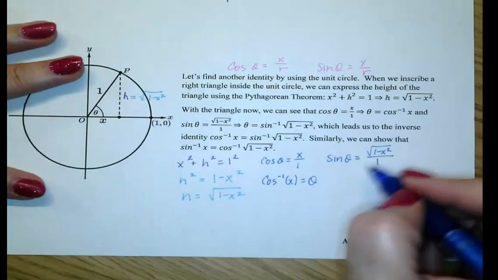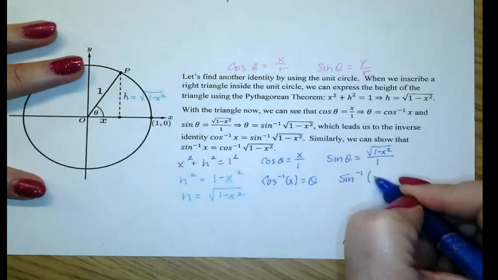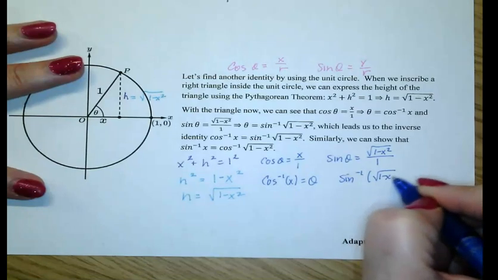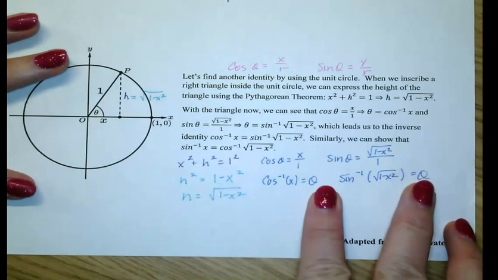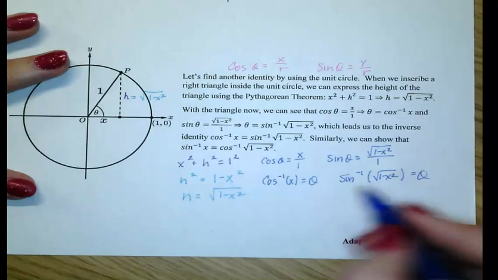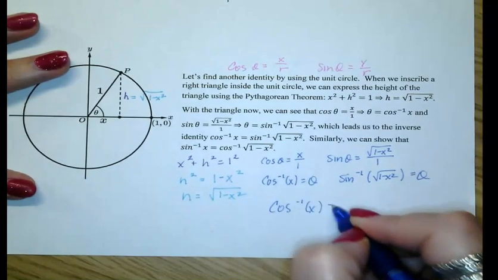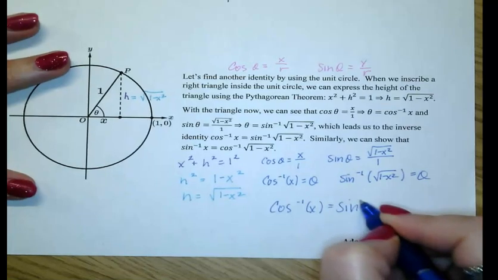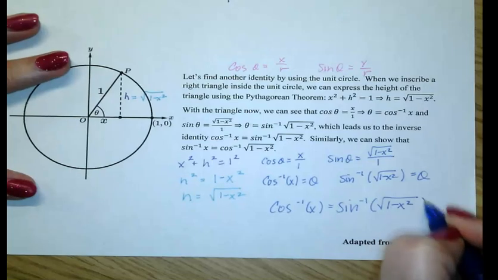And then over here, I'm going to do the same thing. I'm going to say sine -1 of the radical 1 minus x squared equals theta. And once I have these two things set equal to theta, then these two things can be set equal to each other as well. So cosine -1 of x equals sine -1 of the square root of 1 minus x squared.